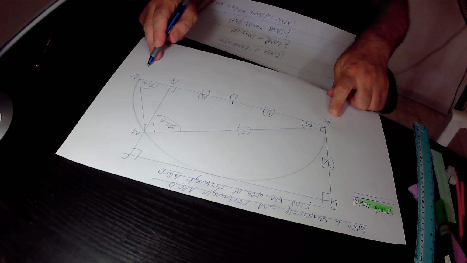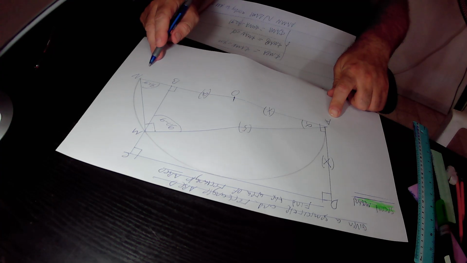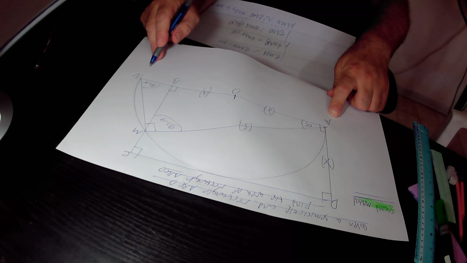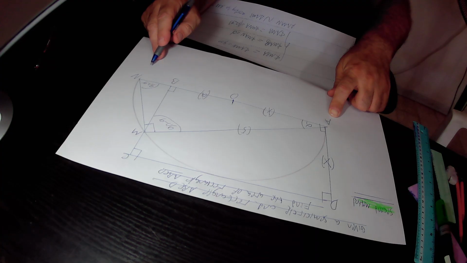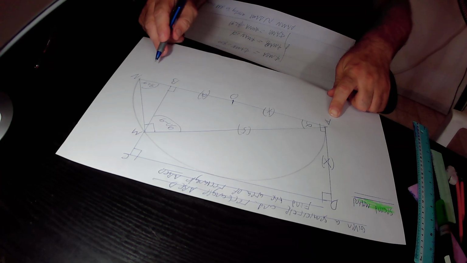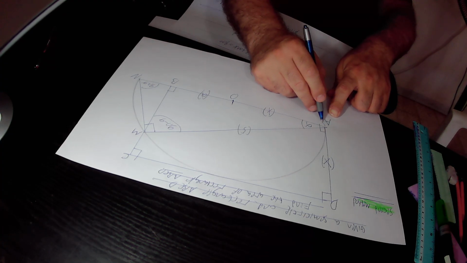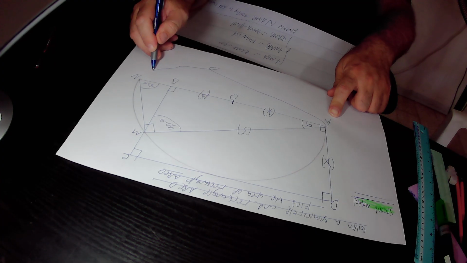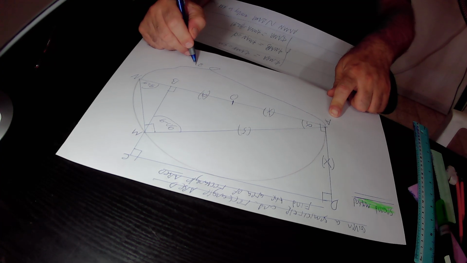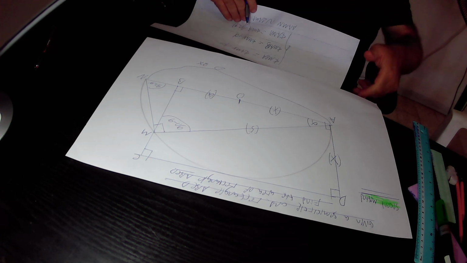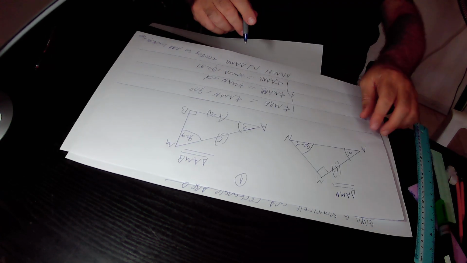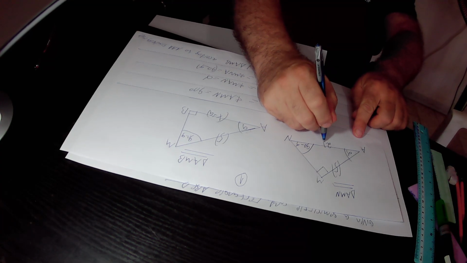If the radius of the semicircle is x, the diameter must be twice as big as the radius, so the diameter must be equal to 2x. So AN equals 2x units in length.